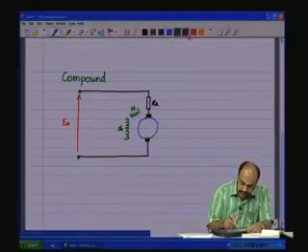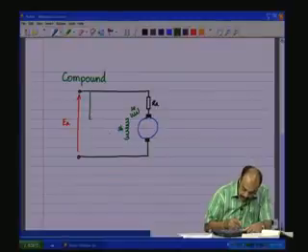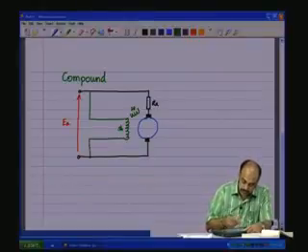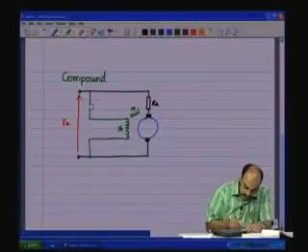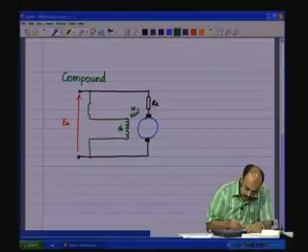The shunt winding and the series winding are connected in a fashion as shown, that is, we have the shunt winding which is connected across the applied source, and of course, we need to have a RF here, R shunt.